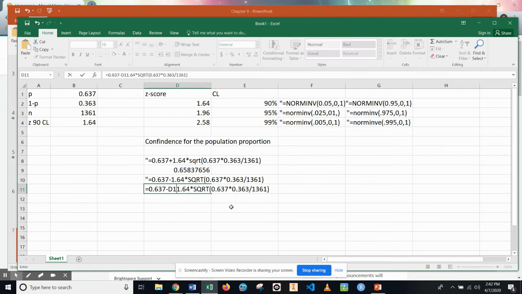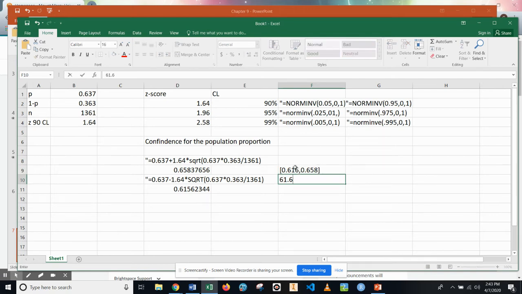So now I have an interval from 0.616, comma, 0.658. You could also see it that way, 61.6% up to 65.8%. There are probably only a couple of different ways.